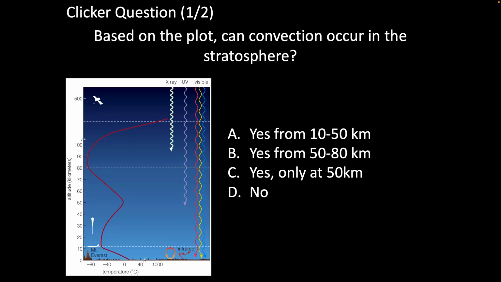Since you need it to go from hot to cold, you want it to be hot on the bottom, and that hot stuff wants to rise, and then it cools and comes back down. Can I do it here? No, because stuff that's hot down here just rises to where it wants to go, and it just chills. So the only place that I can get convection is down here and right here.